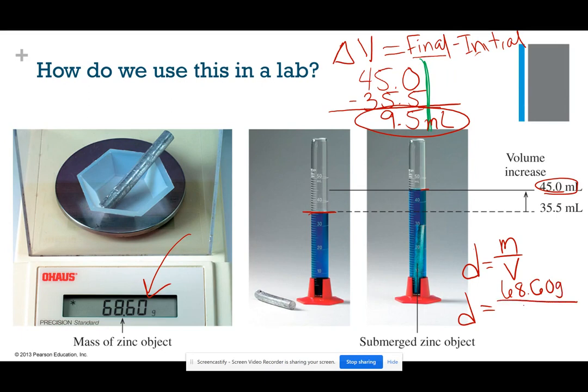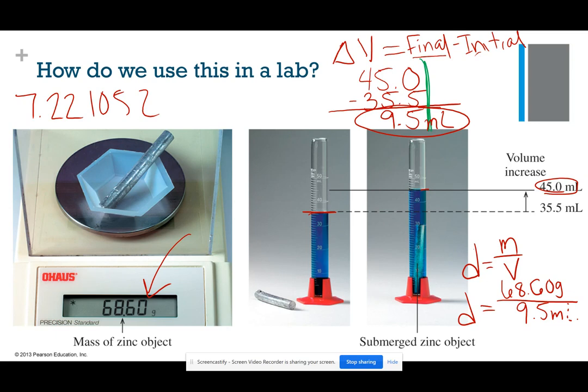And my volume is 9.5 milliliters. So I plugged those into my calculator. 68.60 divided by 9.5. And my silly calculator spits out 7.221052, yada, yada, yada.